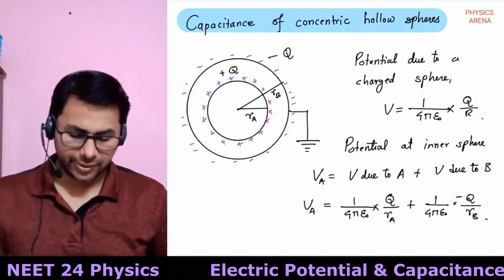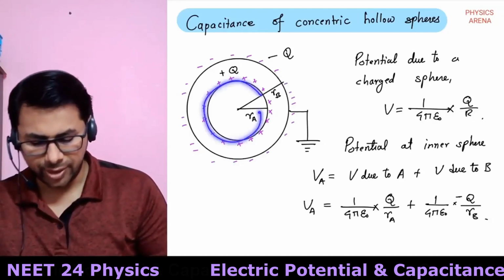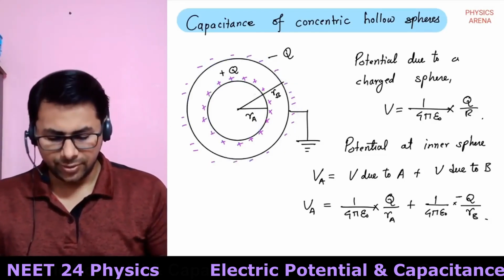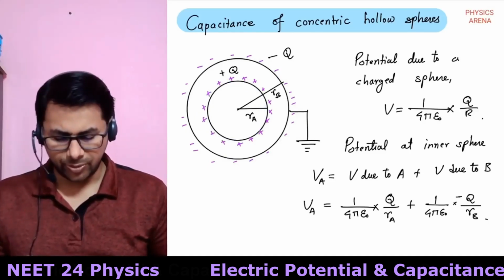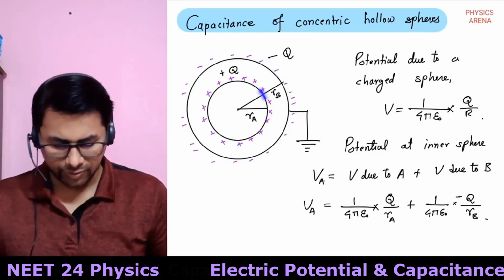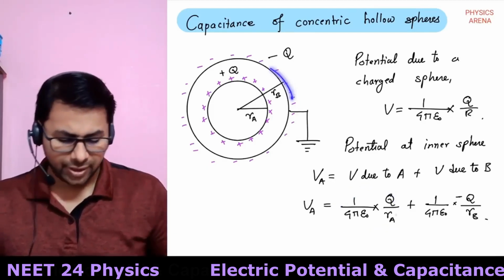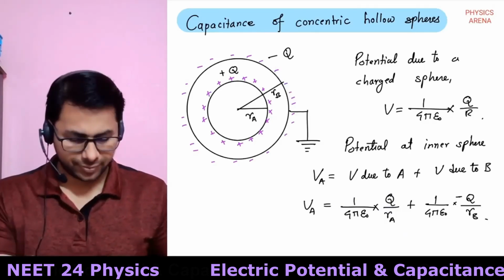Also, what you do is you find out potential on this one. So it will be potential due to this sphere as well as potential due to this sphere, right? So potential due to this one, we had seen the formula. It will be 1 upon 4 pi epsilon naught into Q upon RA on this sphere. On that sphere, just RA will change to RB, right?